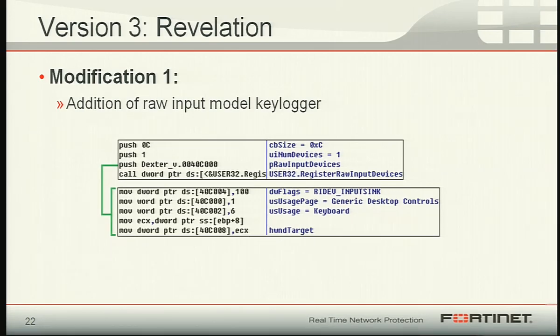The differentiating feature of this is that a device that is actually interested in receiving raw inputs must first register the device with RegisterRawInputDevices, where the first parameter is a pointer to a RAWINPUTDEVICE structure. Since Revelation is interested in receiving keystrokes, it will also set the flag RIDEV_INPUTSINK, which will receive keystrokes even when the window is not in focus.